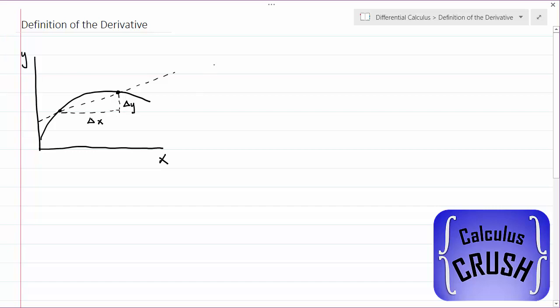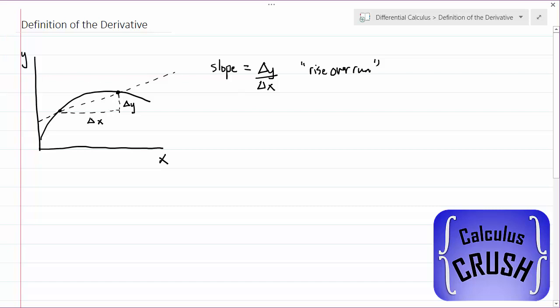So let's write that out. The slope of a line is equal to the change in y over the change in x, which we also say rise over run.